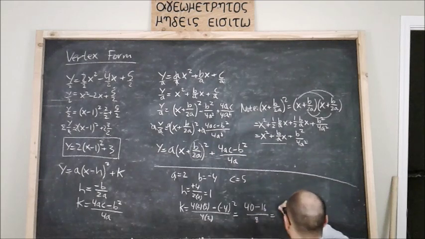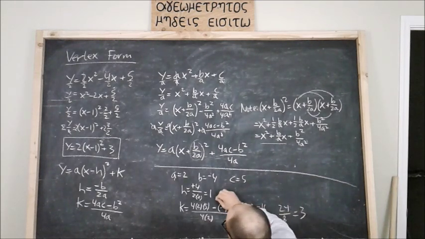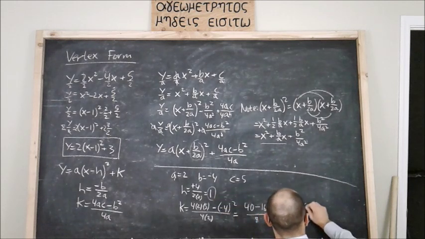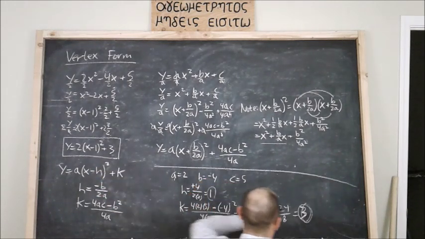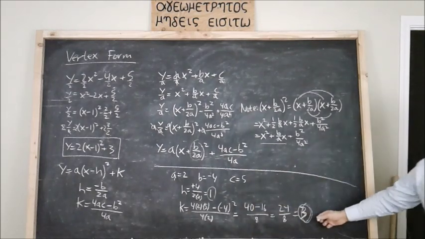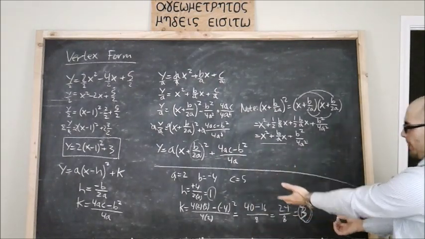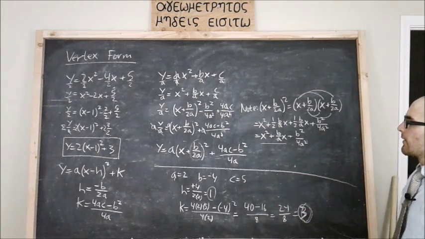What's 40 minus 16? That's 24. Divided by 8 is 3. That was sloppy. H is 1. K is 3. Boom. Wonderful. So that will give us the numbers we're looking for.